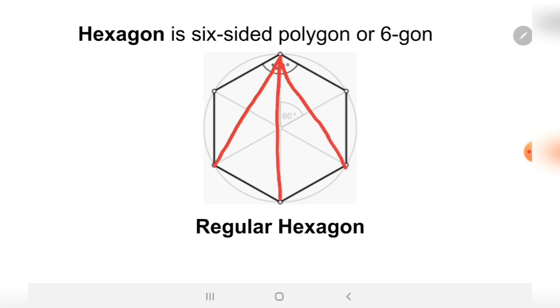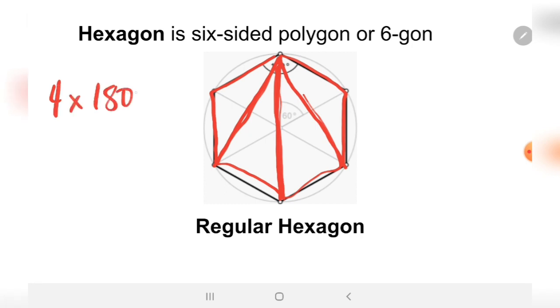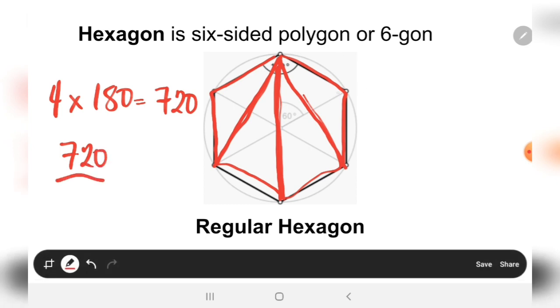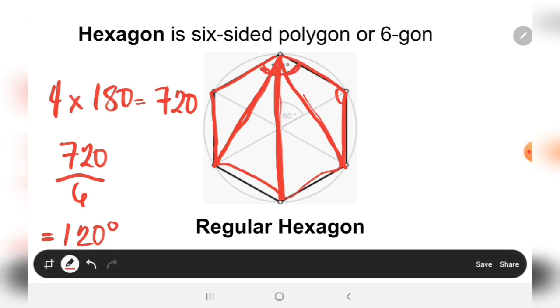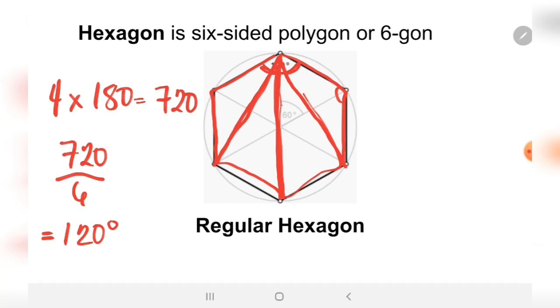Let's divide. 1, 2, 3, 4 triangles, and that is 720. And then 720, you divide it by how many angles? There are 6, and that is equivalent to 120 degrees. That's why we have 120 degrees here.